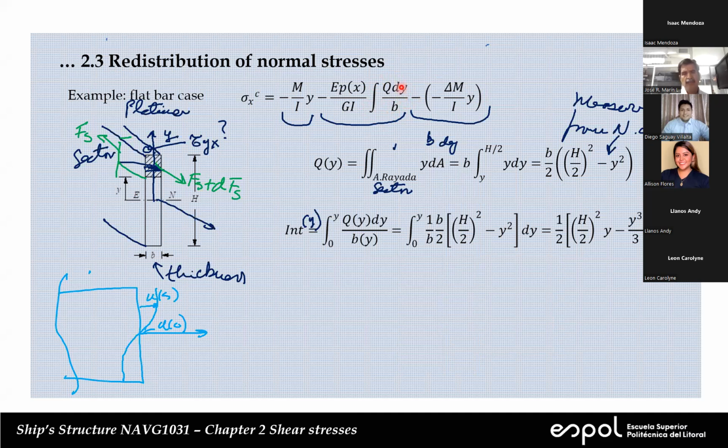Anybody remember where we introduced this integration? Everybody review your class notes, and tell me why we need this integration here, at what point of the process we were required to integrate this. I'll give you a couple of minutes.